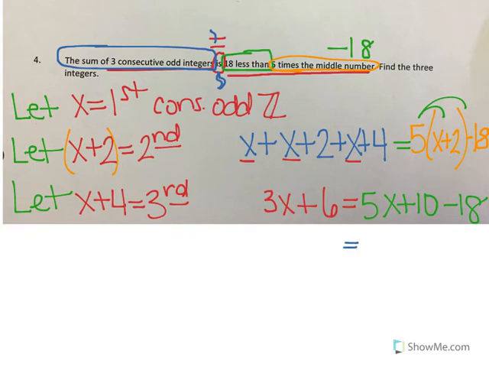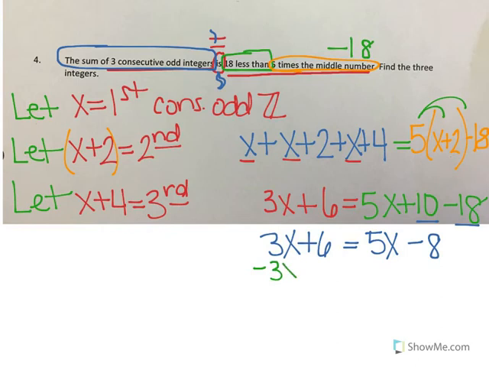Over on the right-hand side, we still have like terms. 10 minus 18 will give me a negative 8, and so I have 5x minus 8 on one side, 3x plus 6 on the other.